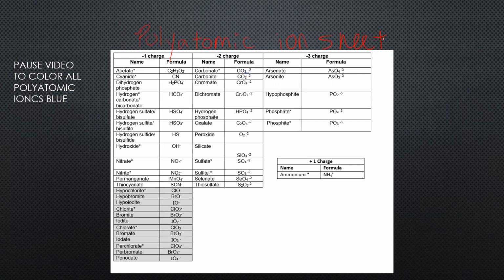And for all of these, they are usually covalently bonded together, but they attain a charge. And that charge is coming from the transfer of electrons. So you see that they're organized by the charges they attain. This whole long first column is a +1 or -1, middle column -2, and then the last column would be our -3 ions.